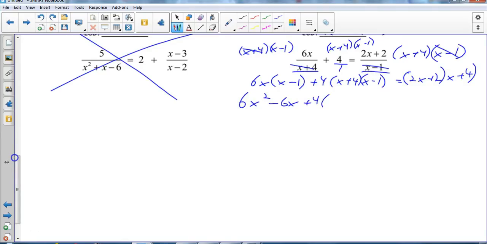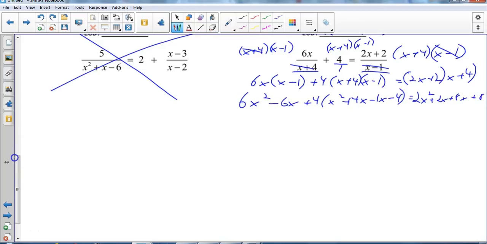Plus 4 times, I'm going to FOIL, x squared plus 4x minus 1x minus 4 equals 2x squared plus 2x plus 8x plus 8.